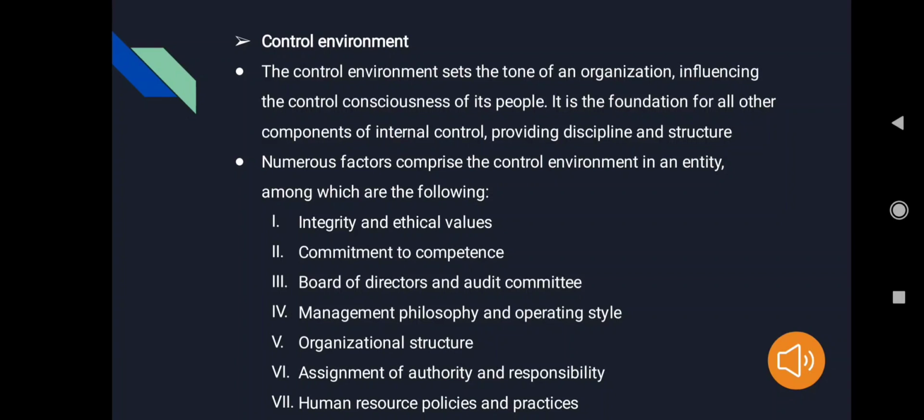Numerous factors comprise the control environment in an entity, among which are the following: integrity and ethical values, commitment to competence, board of directors and audit committee, management philosophy and operating style, organizational structure, assignment of authority and responsibility, and also human resource policy and practice.